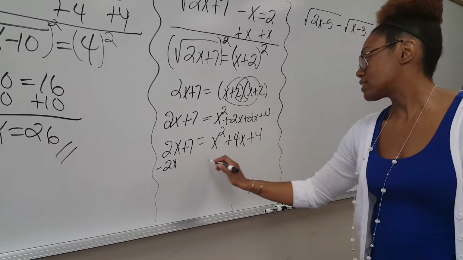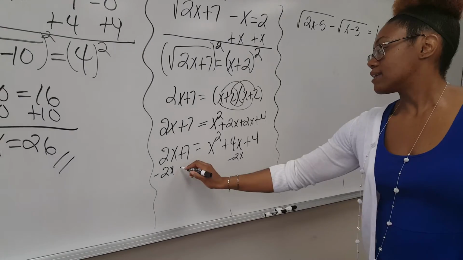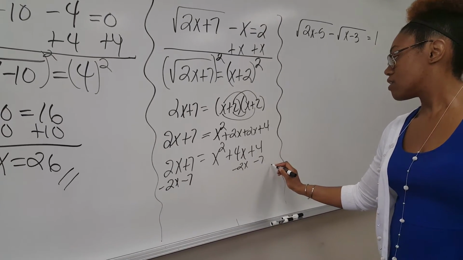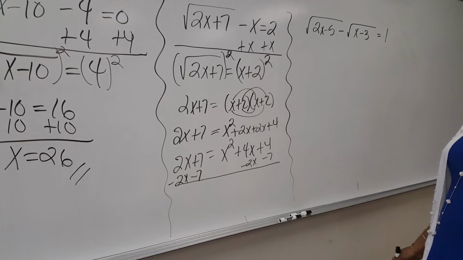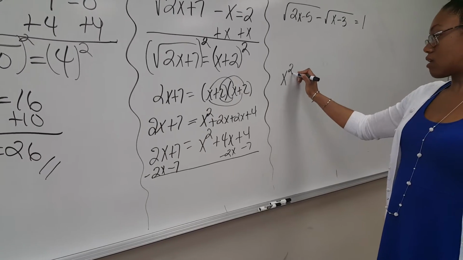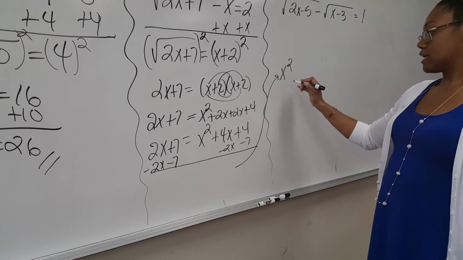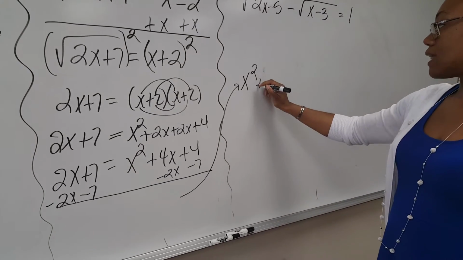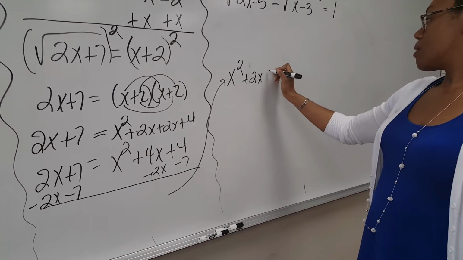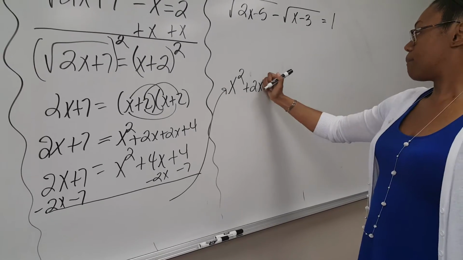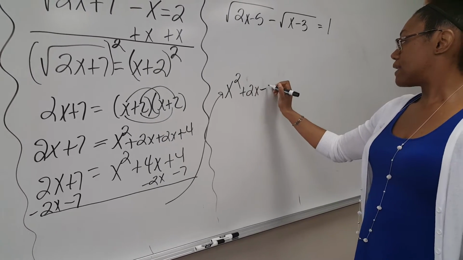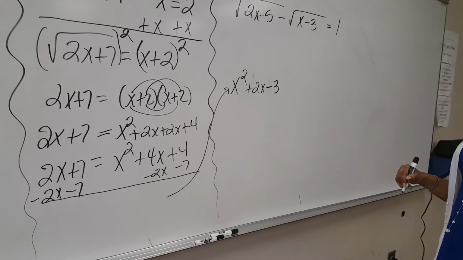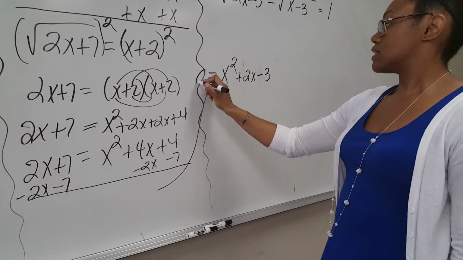So I'm going to subtract the 2x, and I might as well go ahead and subtract this 7 from both sides. So this will now give me x squared plus 2x minus 3, right? So now this is equaling 0.